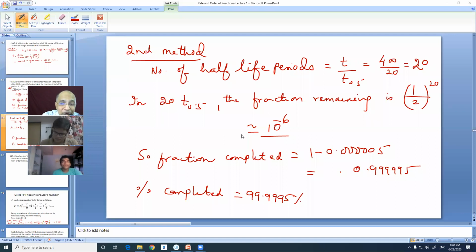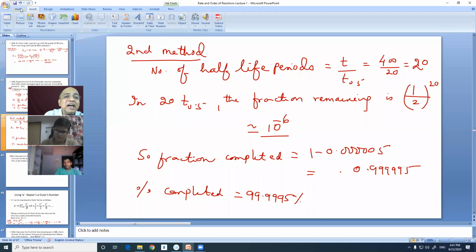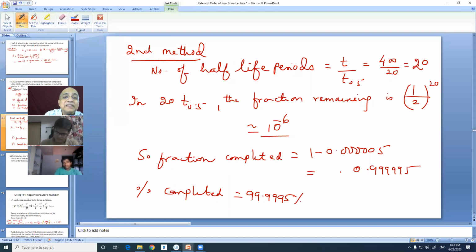I told you that in the first order process, the fraction remaining is half to the power that. This expression we have already done. Miss Misra told this one first. I remind you, AT is equal to A0 half to the power T by T.5.